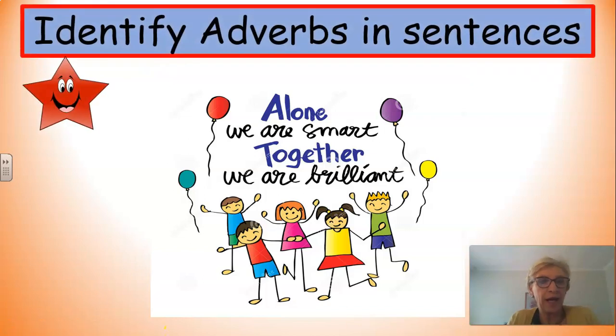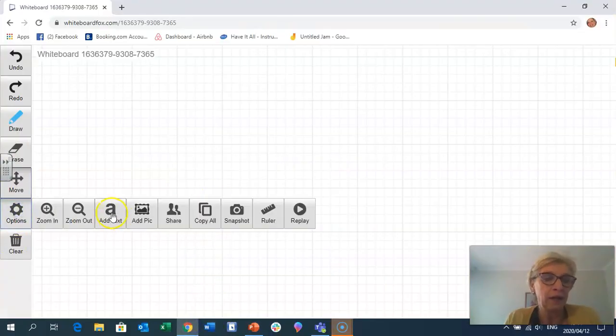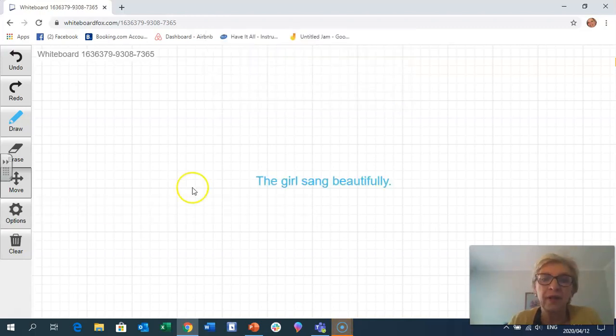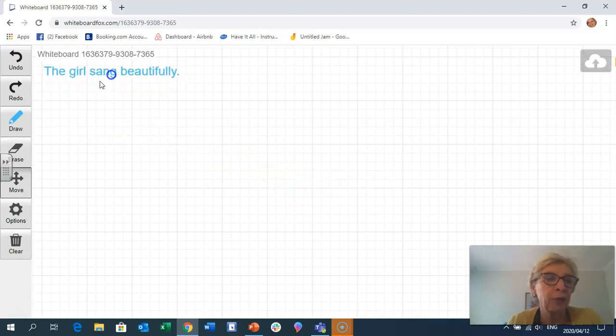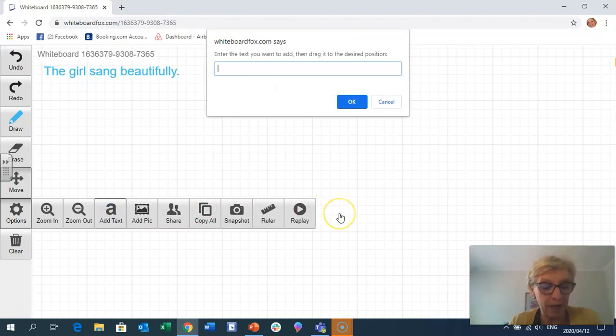Let's identify adverbs in sentences now. Here comes the first one. The girls sang beautifully. Look at that one while I type up the next one.